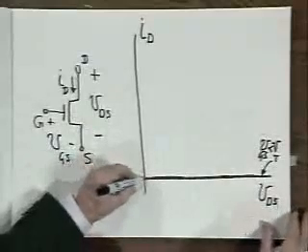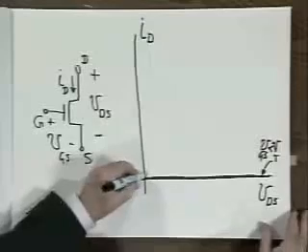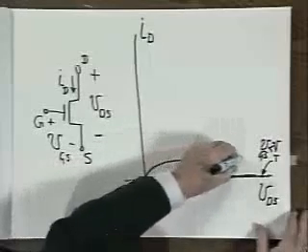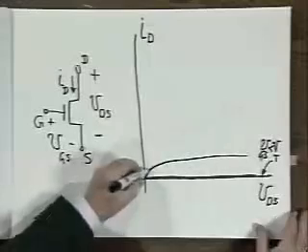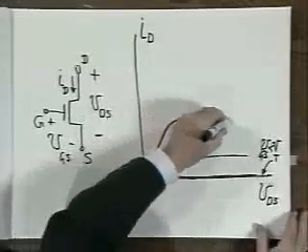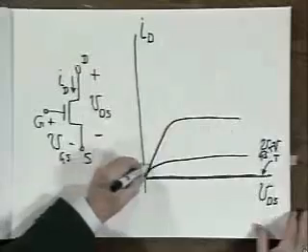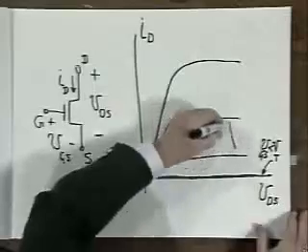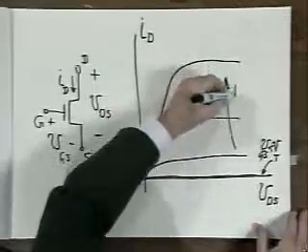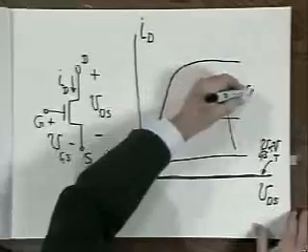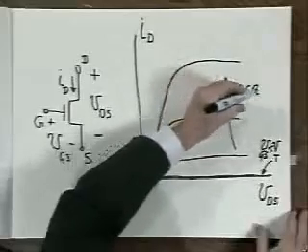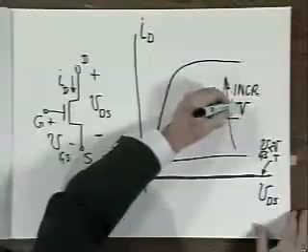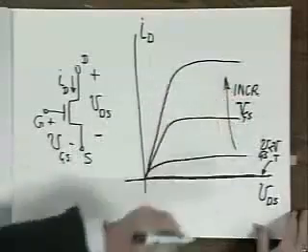But then as VGS increases above threshold, one gets a family of curves which are non-linearly spaced and which look more or less like this, where this represents increasing VGS.